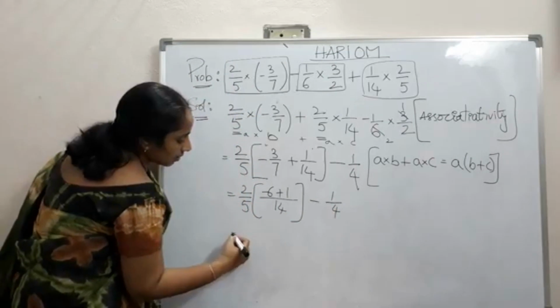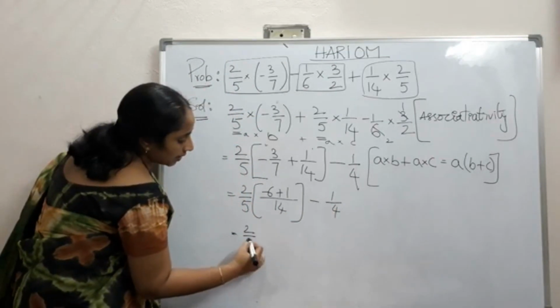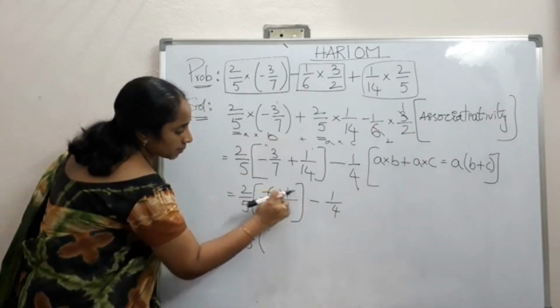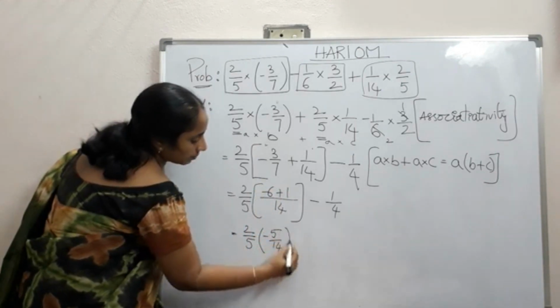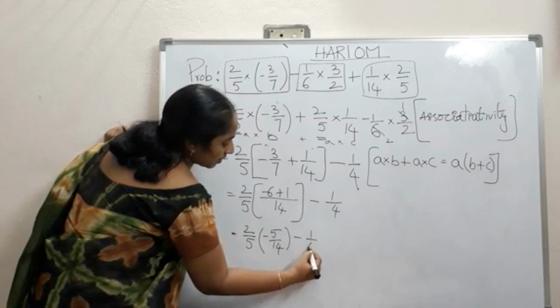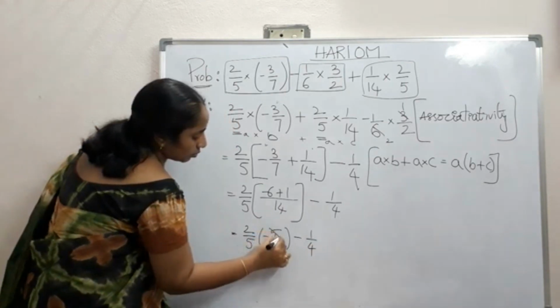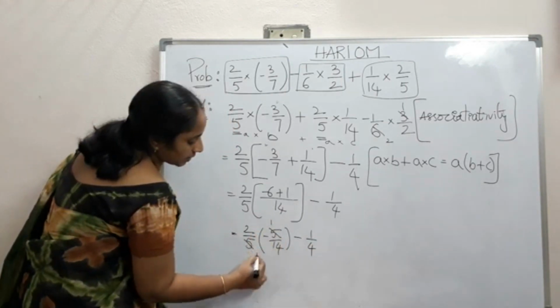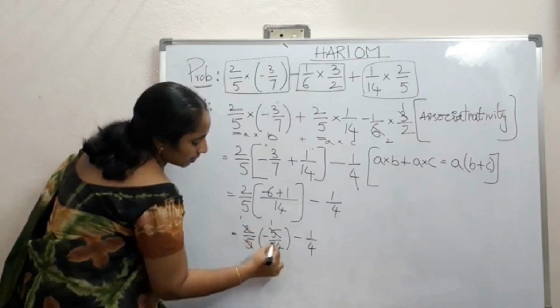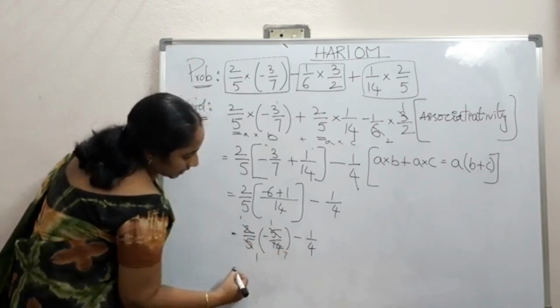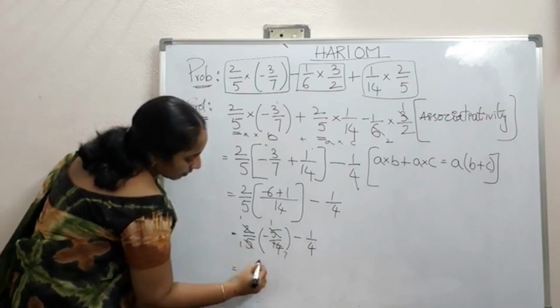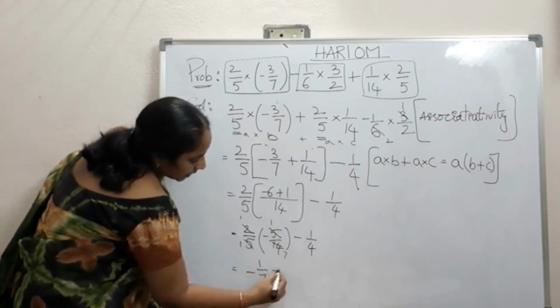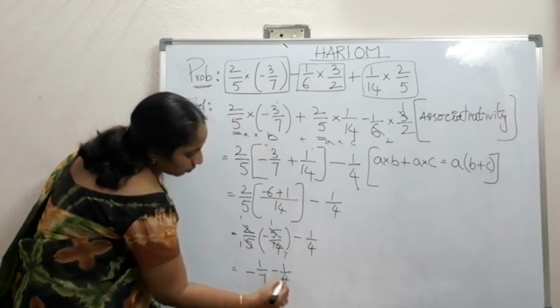Now it is 2 by 5 into minus 6 plus 1 is minus 5 by 14 minus 1 by 4. 5 ones, 5 ones, 2 ones, 2 sevens, it is minus 1 by 7 minus 1 by 4.